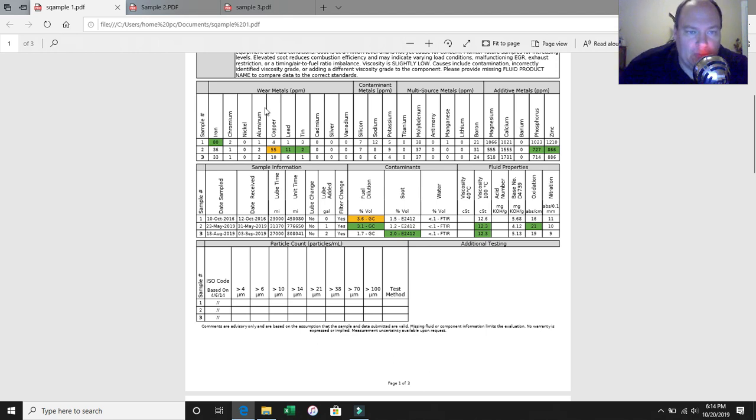Chromium right here. Chromium would be possible piston rings, liners, piston cylinder liners, and valves, valve train. Then we have nickel. I'm still learning how to use this here. Nickel is in camshaft and crank bush bearings.